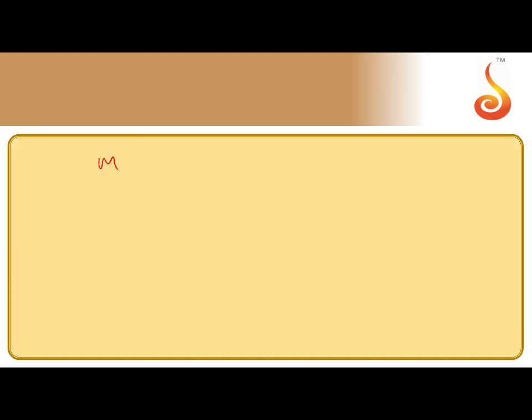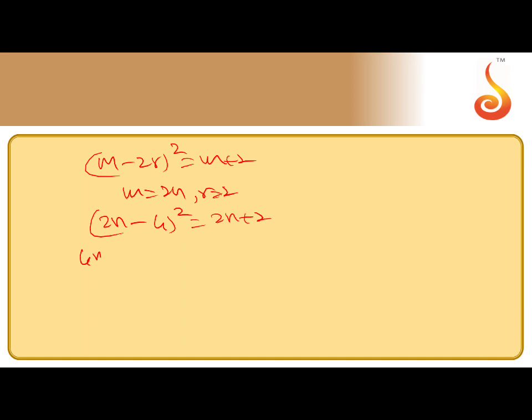So what is the condition? (m - 2r) whole square equals m + 2. Here m is 2n and r equals 2. So (2n - 2×2) whole square, that is (2n - 4) whole square, equals 2n + 2. Expanding the left side, 4n² - 16n + 16 - 2n - 2 equals 0.